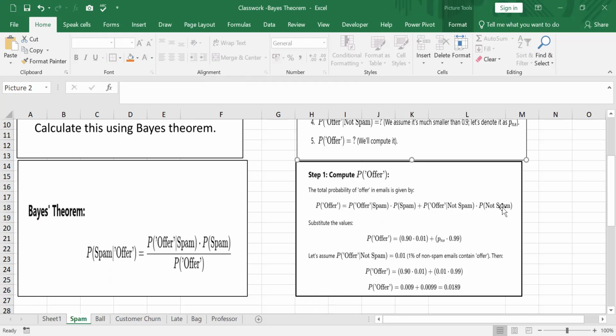And this is given here, 1 minus 0.01, that is 0.99. So when you fill up these things, we get P of offer is 0.90 into 0.01 plus 0.01, that's what I assumed there, into 0.99. So that comes to 0.0189. So we have to use this P of offer as 0.0189.